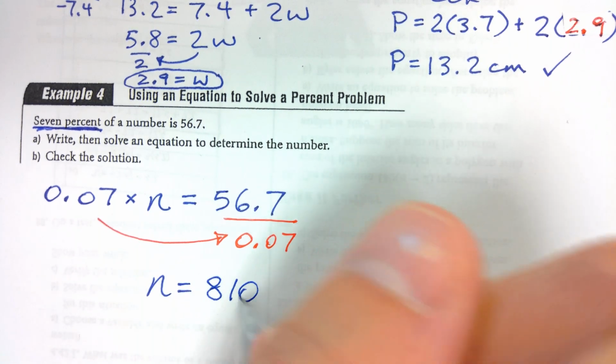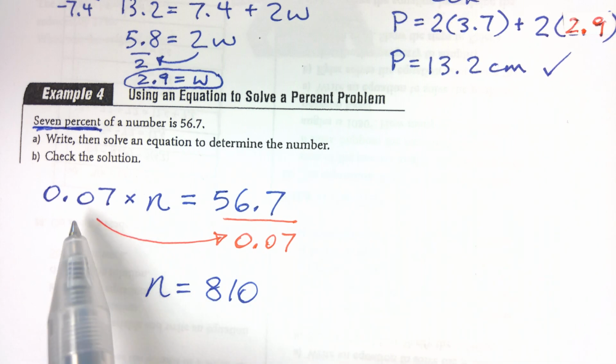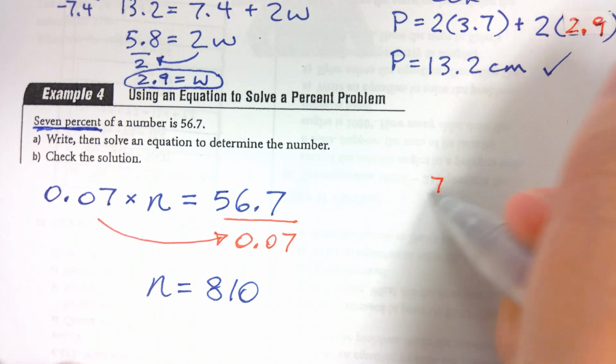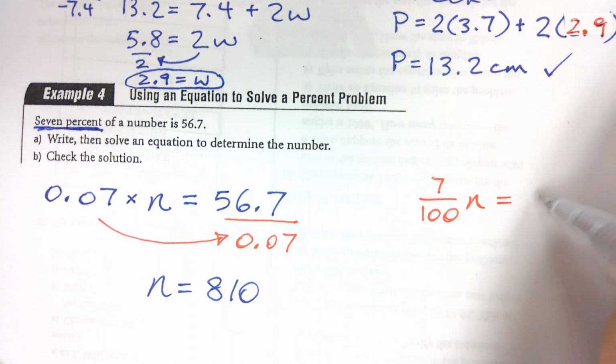810. Okay, yep. I did it differently. Did you get the same answer? Yeah. Let's hear what you did. 56.7, and then divided it by 7 and just times it by 100. Yeah, you could do that too. Why? Because just like what Adihi said, 7 over 100 times n equals 56.7.